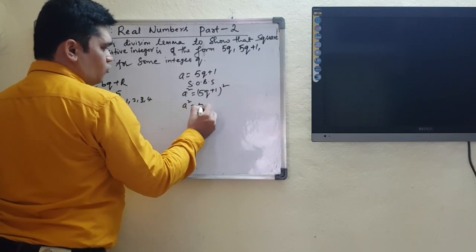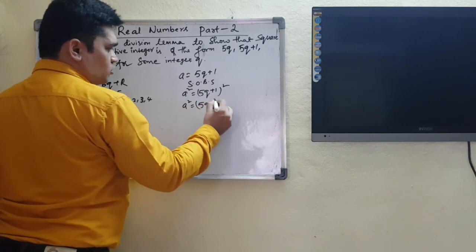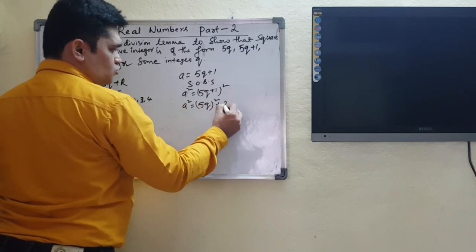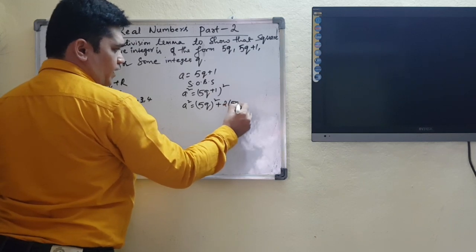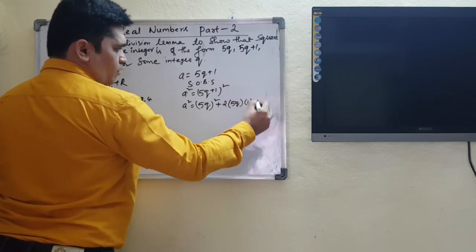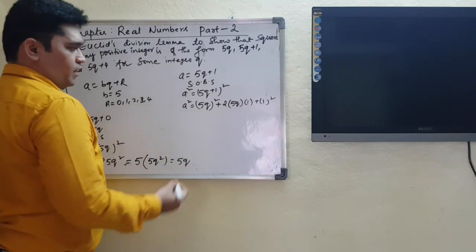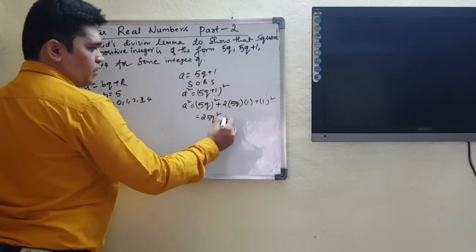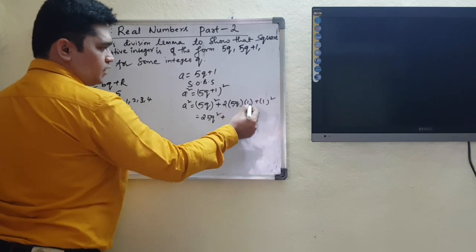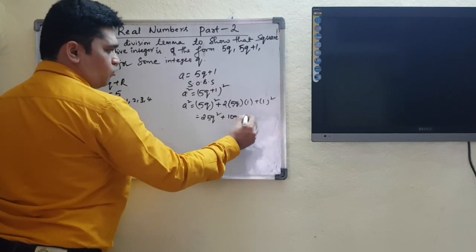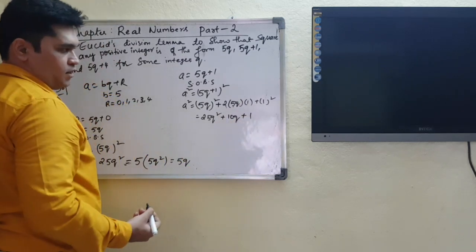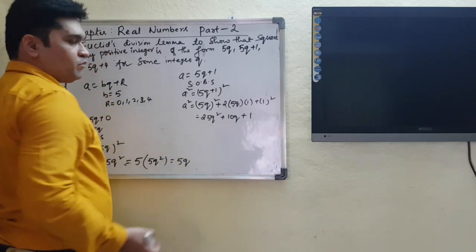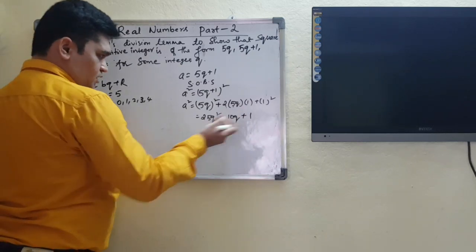A square equal to 5q whole square, that is a square, plus 2ab plus b square. It will be again 25q square plus 5 tens, 10 ones are 10q plus 1 square, it's 1. Can you take out some common between these three?